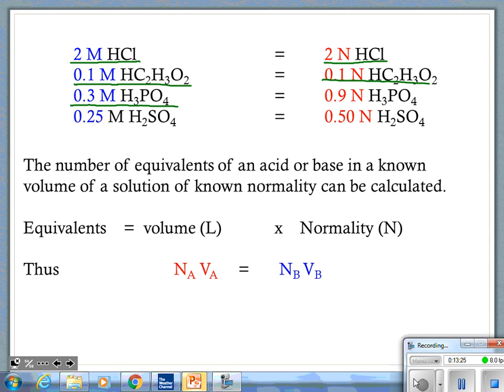Phosphoric acid. What is phosphoric acid? Monoprotic, diprotic, triprotic. Triprotic, right? So it has how many? 3. So if I take that number right there, I need to multiply it by 3 to get my normality. Is that what I've done here? What's 0.3 times 3? 0.9.